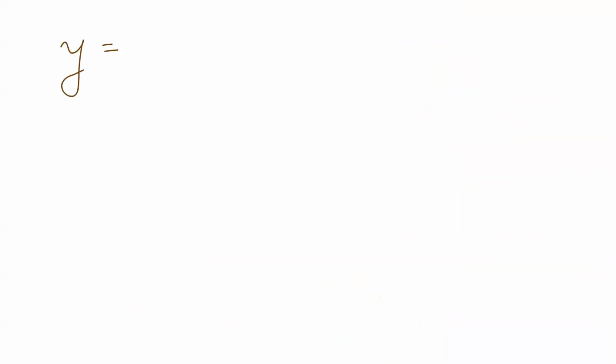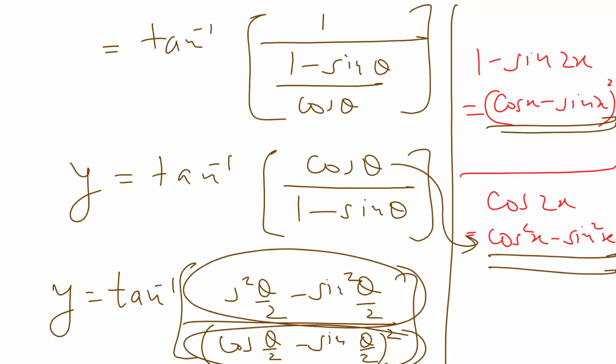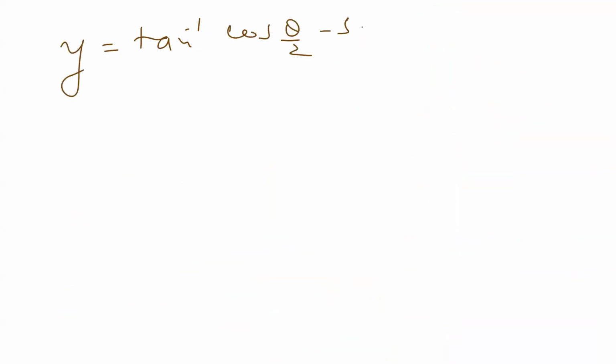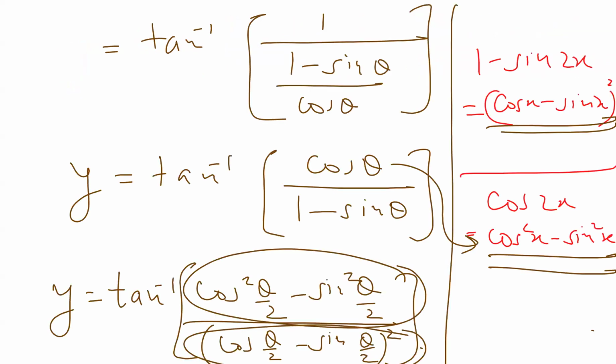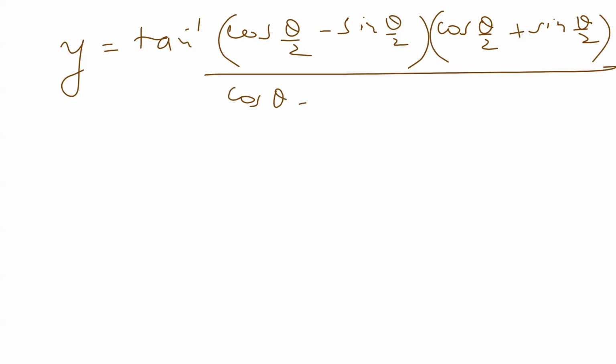So y is equal to tan inverse of, one second, let me just go back. On the top it is a square minus b square. So what we are going to do, (a minus b) into (a plus b), upon, down it will be, let's see what we have to write, (a minus b) the whole square, which is (a minus b) into (a minus b).